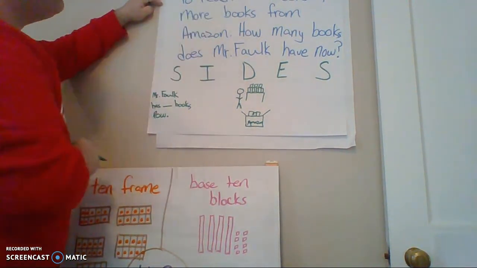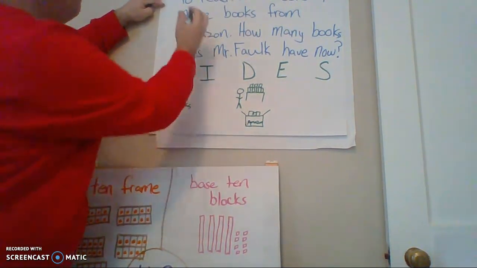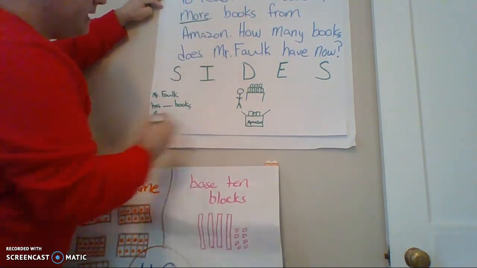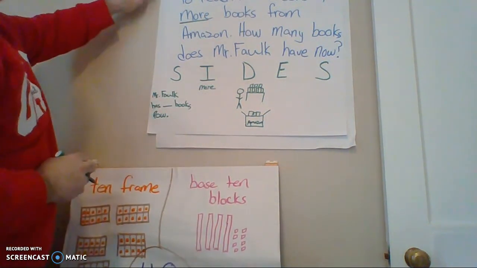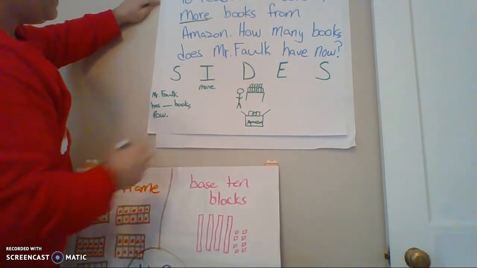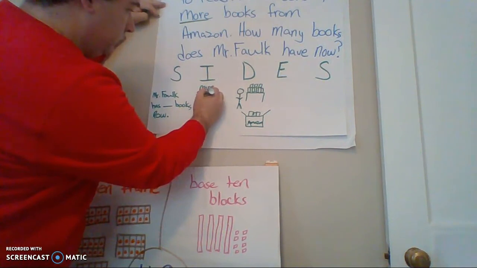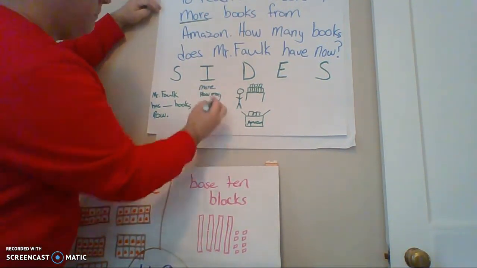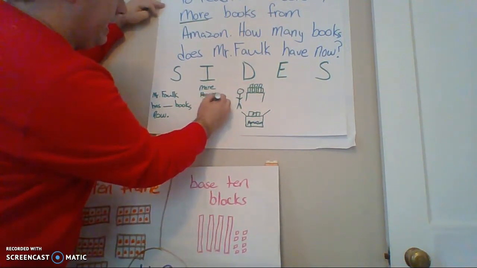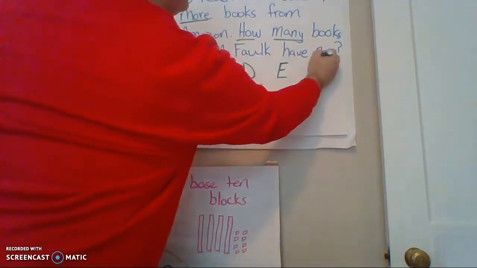Looking back up here, I think that the word more is an important word because that lets me know that I am adding, right? How many? And maybe now, because that lets me know at the end of it. So I've got the how, the many, now.